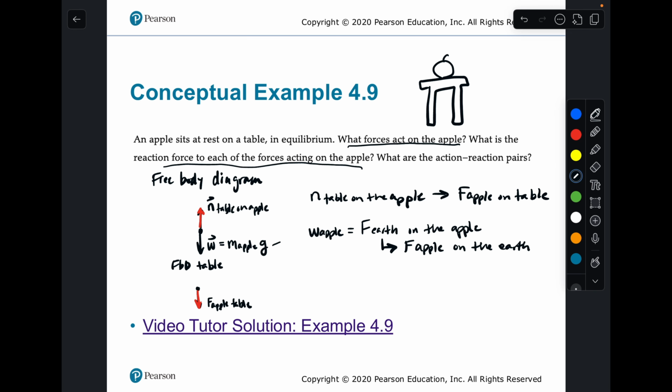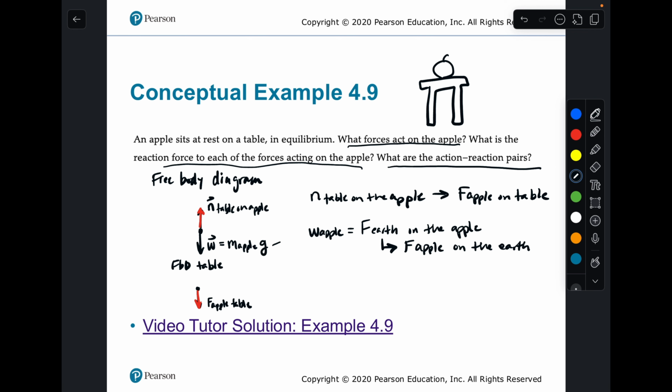So what are the action-reaction pairs, right? That's basically what we just described. But if we look at the free body diagram of the table, it's not done. We didn't finish.